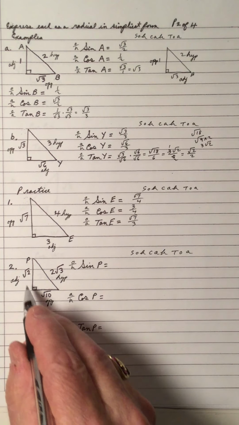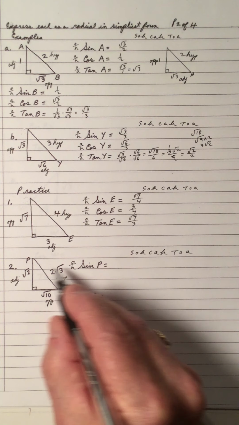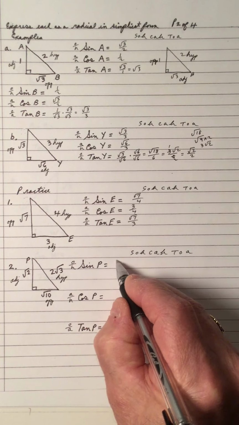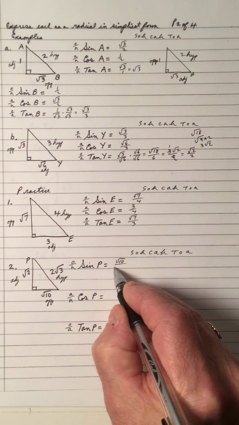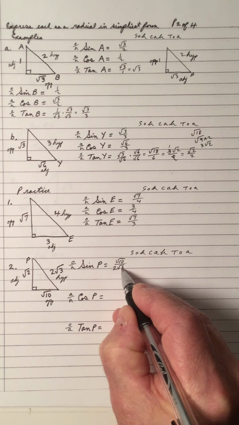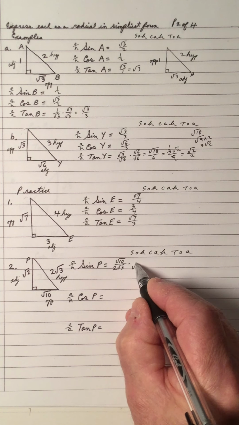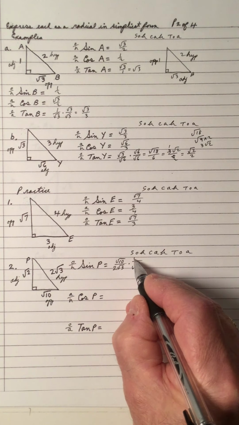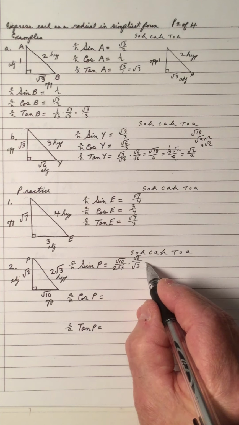So what happens? We have all radicals on all the sides. In terms of angle P, opposite is root 10 over 2 root 3. To simplify this, we just need to multiply it by root 3 over root 3. We only need to remove the radical.